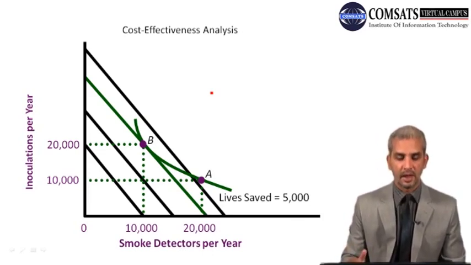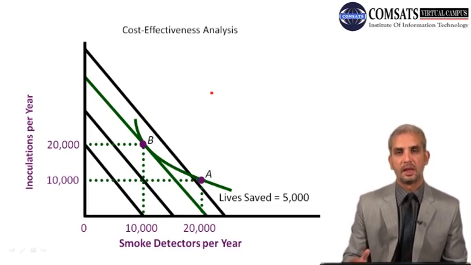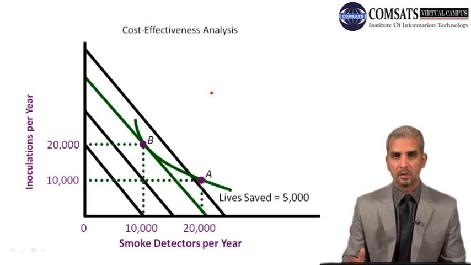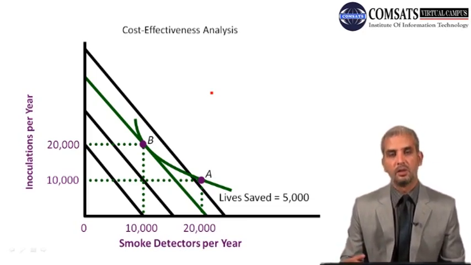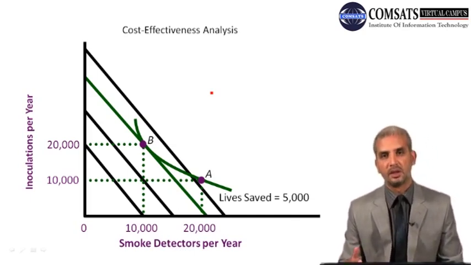On the y-axis there are inoculations or vaccinations per year, and maybe the health department is proposing that we vaccinate people so that there is a lesser risk of death from disease. The ISO-QUANT represents lives saved equal to 5,000. So both of these programs can result in saving the lives of 5,000 citizens.